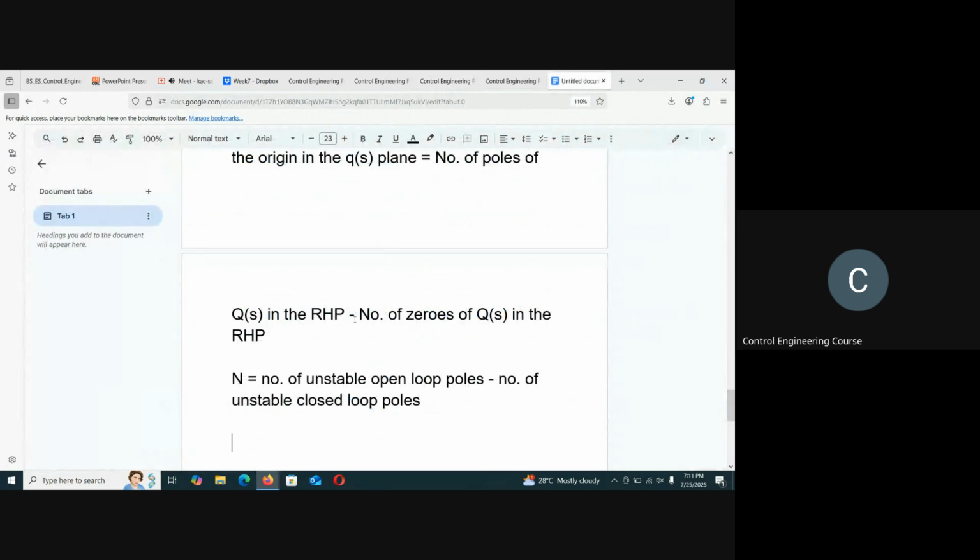Now, number of encirclements. So again, remember Q is nothing but 1 plus GH.